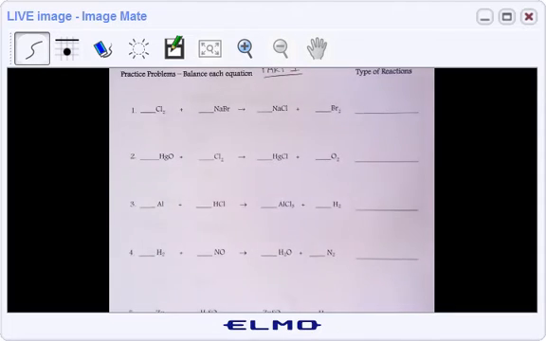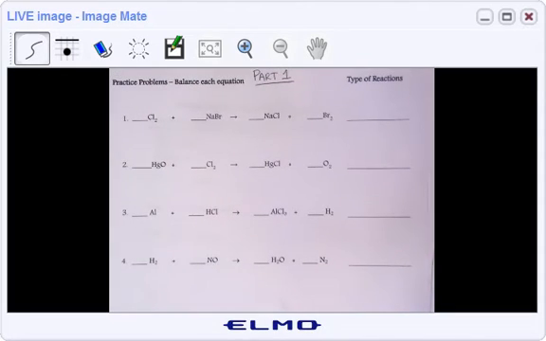Can anyone tell me what the law of conservation of mass is? What exactly does that mean? Okay, the law of conservation of mass is that matter or atoms are neither created nor destroyed. So you can see this in different forms. Sometimes it's a diagram of pictures.